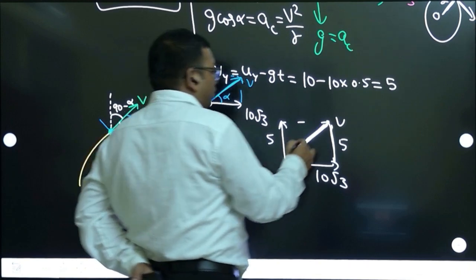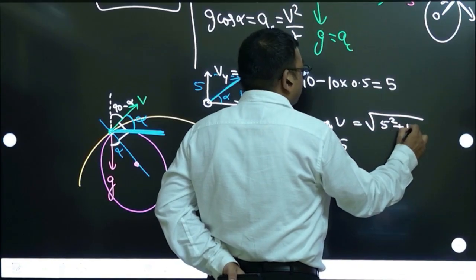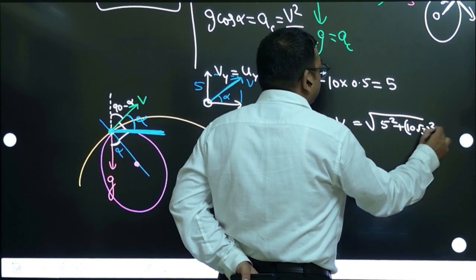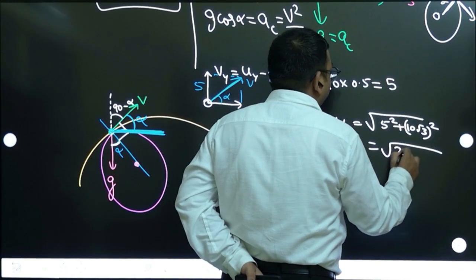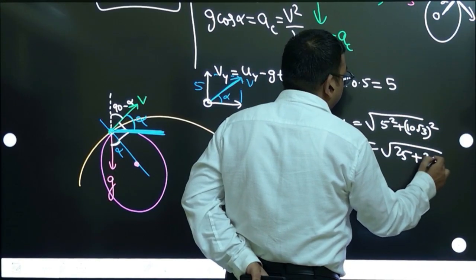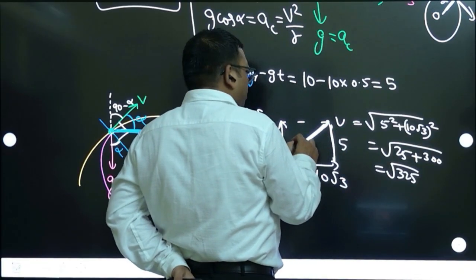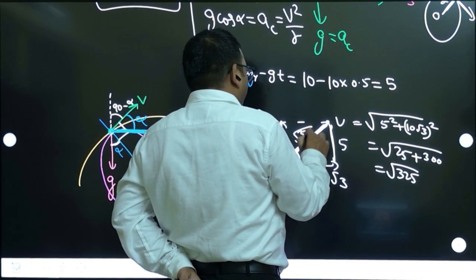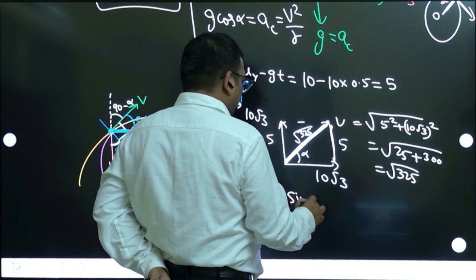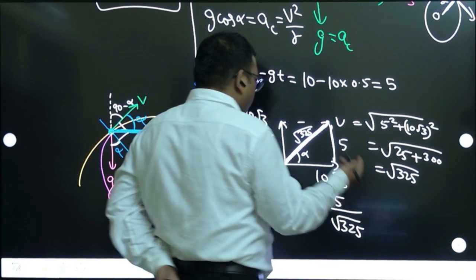What will be this v? This will be root under 5 square plus 10 root 3 whole square. Calculate that: 25 plus 300, yes, root 325. So this hypotenuse will be root 325, and sin alpha will be 5 by root 325. Now you have got sin alpha.